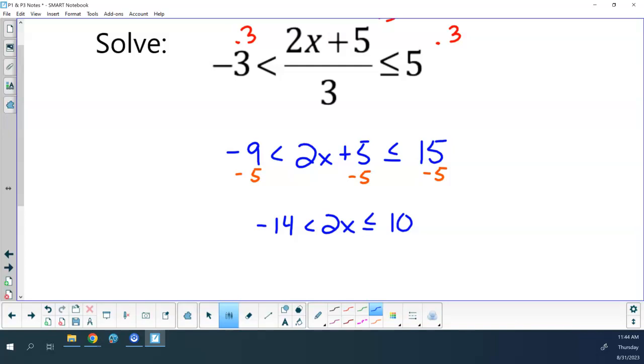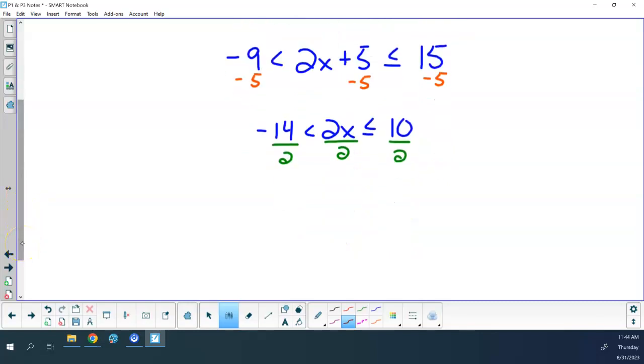I want to divide by 2 in the middle, which means I need to divide by 2 on the outsides, which then would give me negative 7 is less than x is less than or equal to 5, which would be the inequality answer for that.